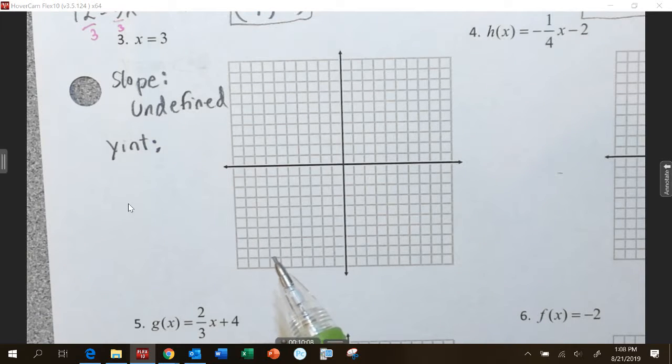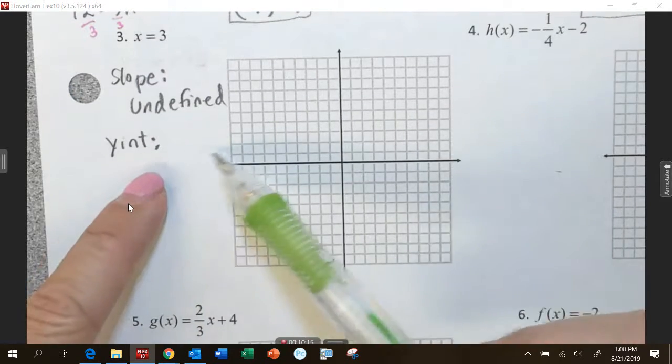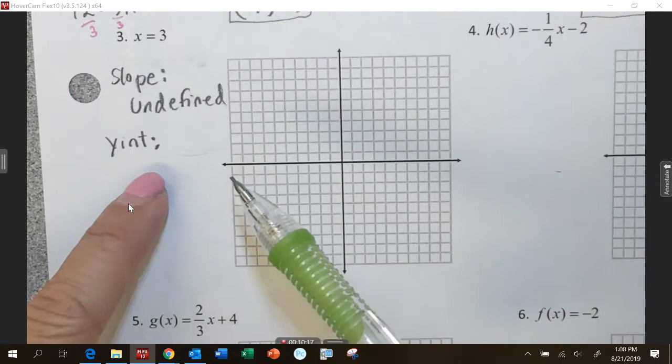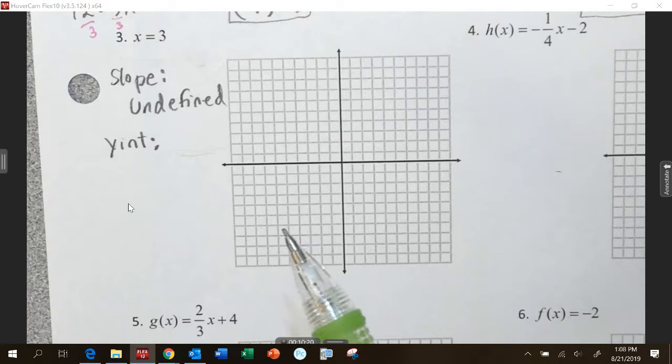You know what it looks like to the teacher if you leave something blank? It looks like you don't know and you skipped it. So if there isn't a y-intercept, how will I know that you know there is no y-intercept?